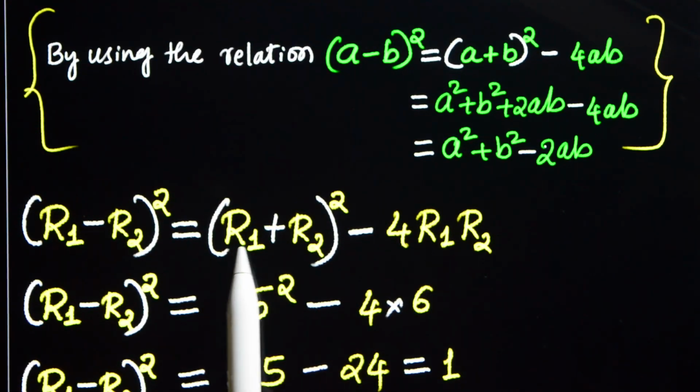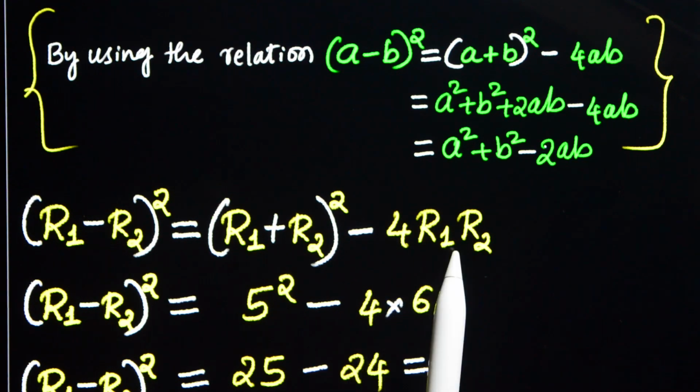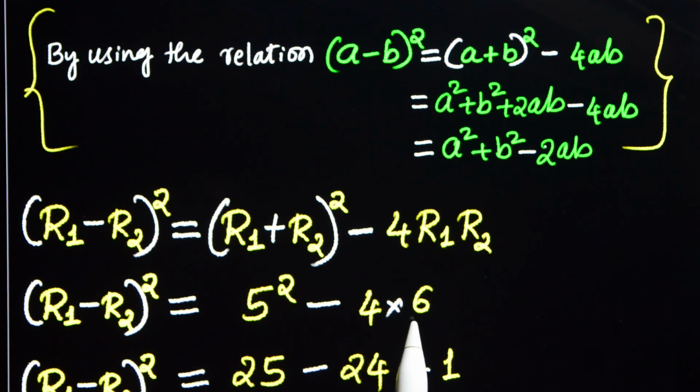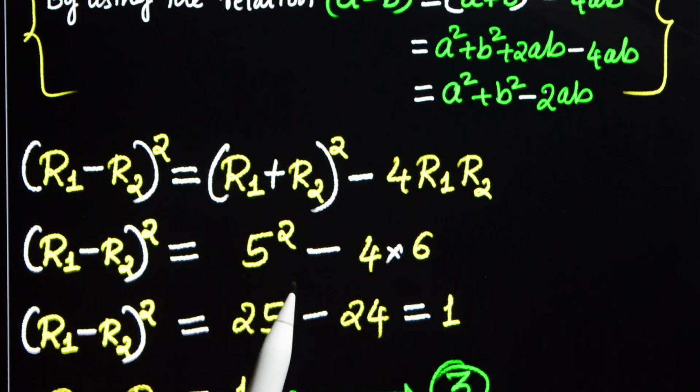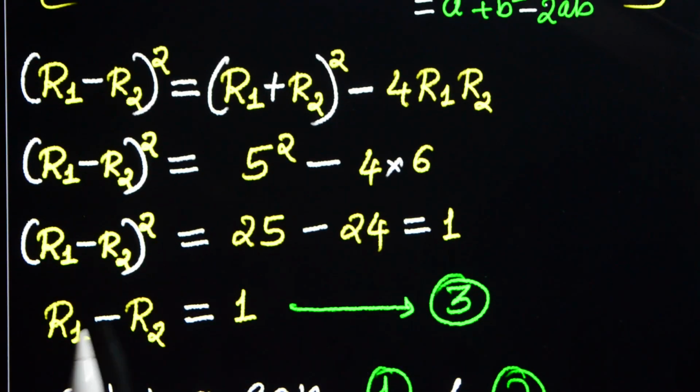Therefore (R1 minus R2) whole square is equal to 5 square minus 4 into 6, that is 25 minus 24, which is equal to 1. Taking the square root, R1 minus R2 is equal to 1. Now that is our third equation.